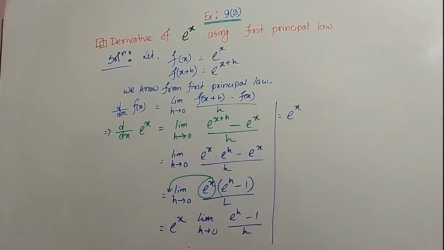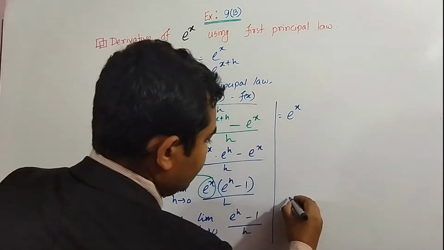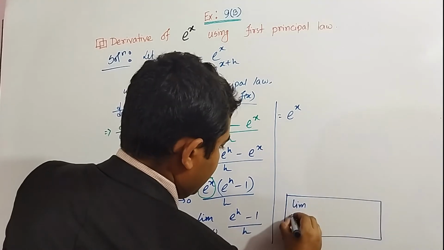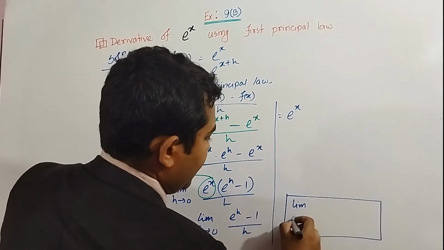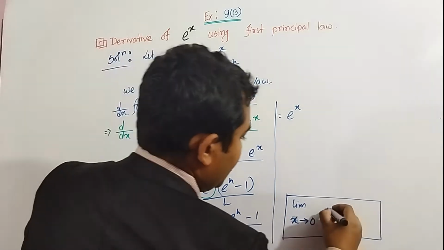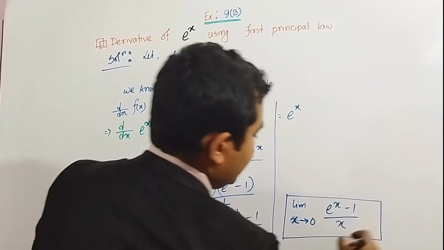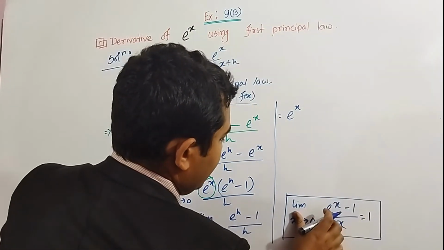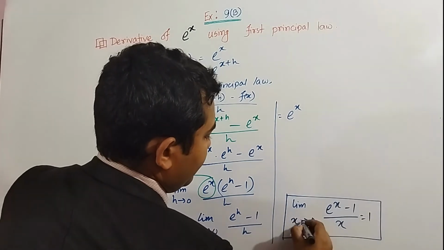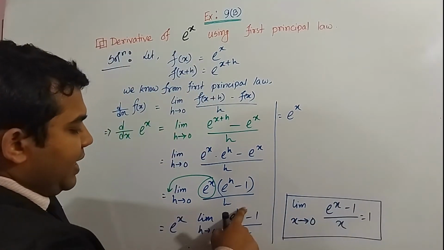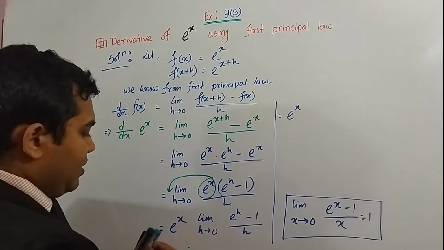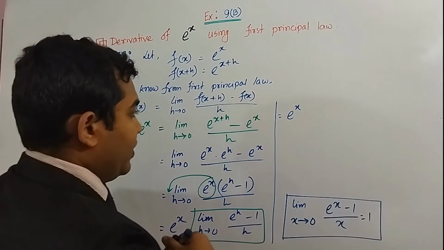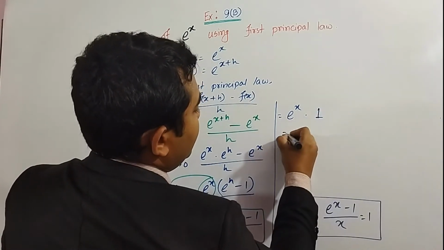Limit x tends to 0, e to the power x minus 1 by x, if anything is like this, that should be equal to 1. So we can say the value of it is definitely 1, so we can write e to the power x into 1, that is e to the power x.